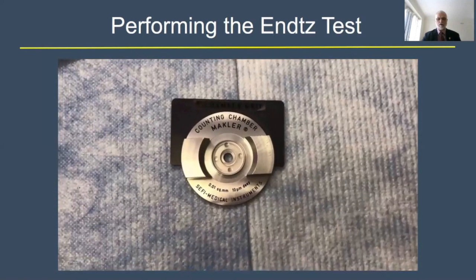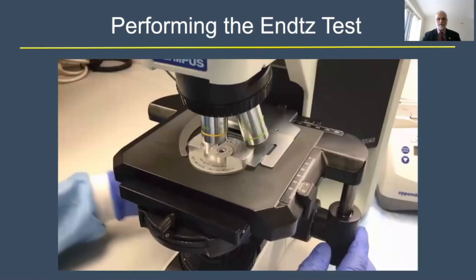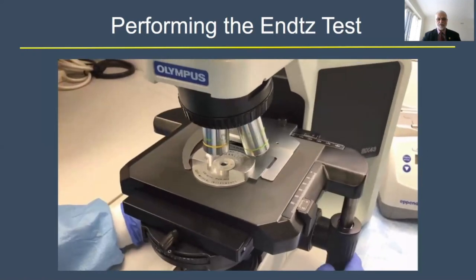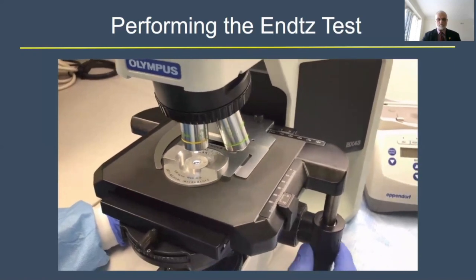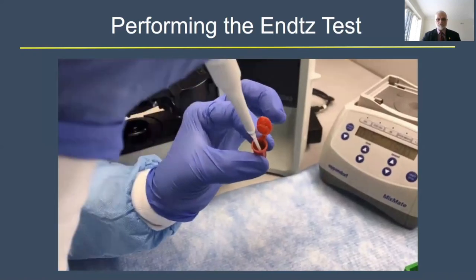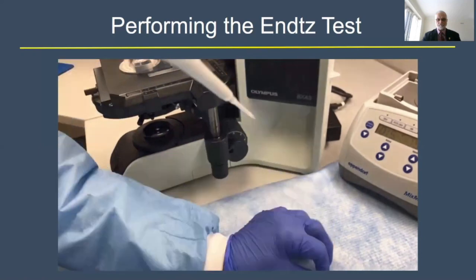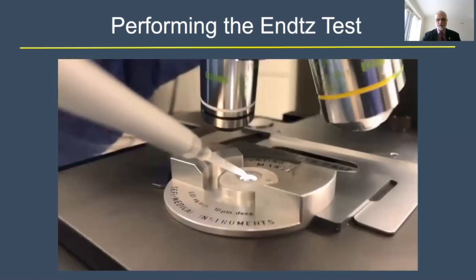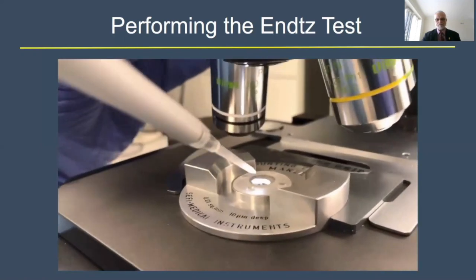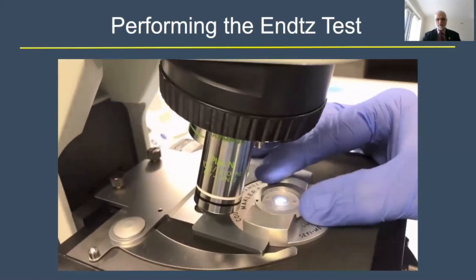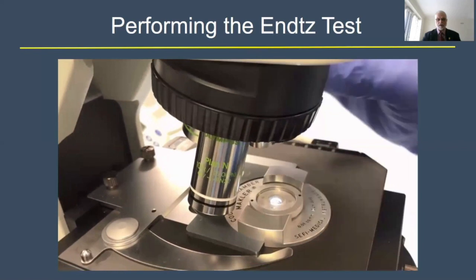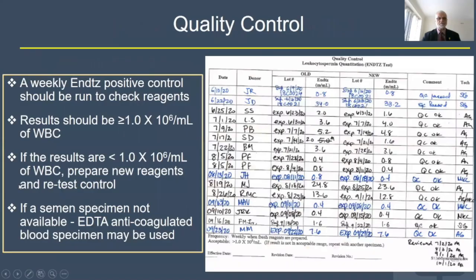The macro chamber will be filled with the exposed and incubated solution with the sperm. Now the cover slip comes on top, and we can then analyze this in the microscope.